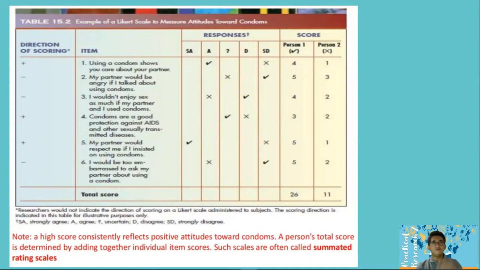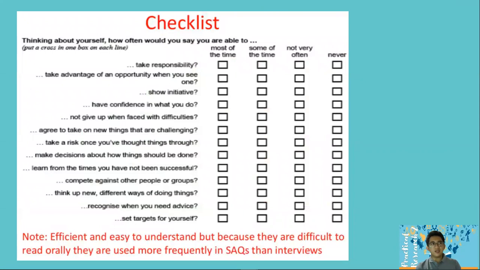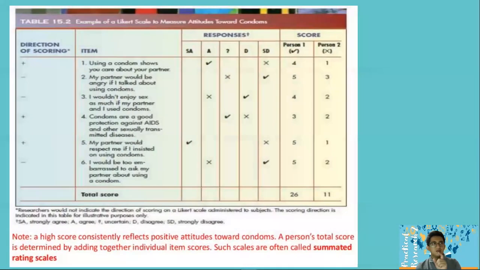So you have different statements and then the response: strongly agree, agree, neutral, disagree, strongly disagree. It is similar to a checklist, but you have different choices as a response on agree, disagree, diba? Strongly agree, strongly disagree.